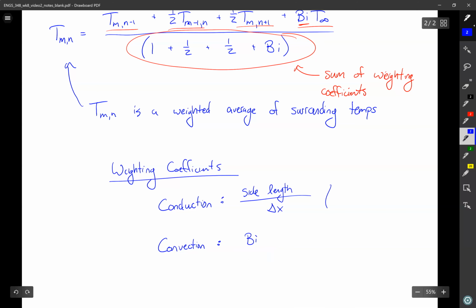So like this would be 1 side length, maybe something like 1/2 side length.